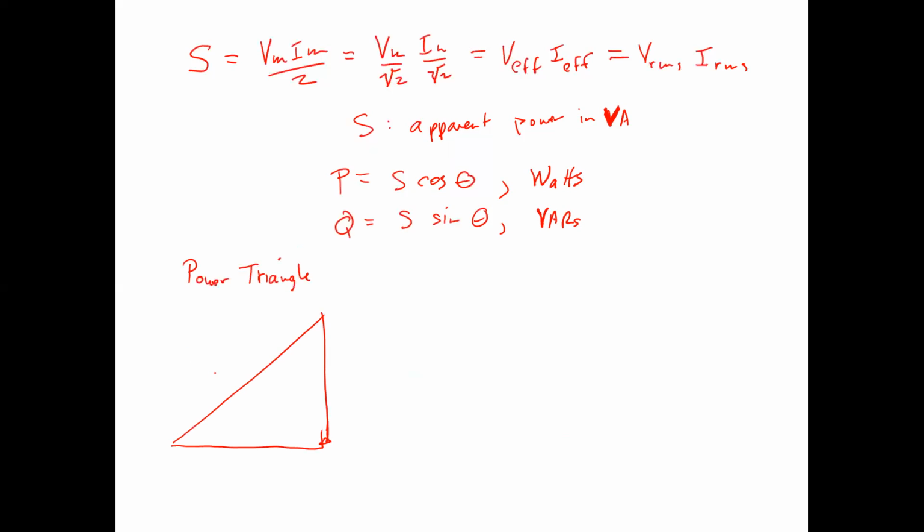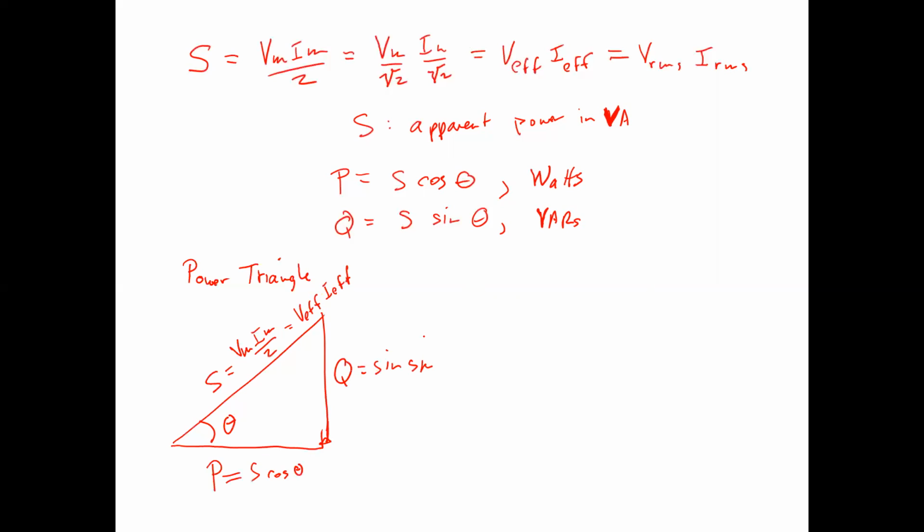In this case, S is the Vm by Im over 2, which is V effective times I effective. That's the hypotenuse of the triangle. And then P, which is the average or real power, is going to be S cosine of theta. This angle here is theta. And Q is S sine of theta.